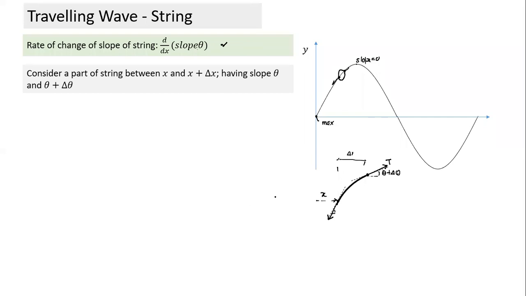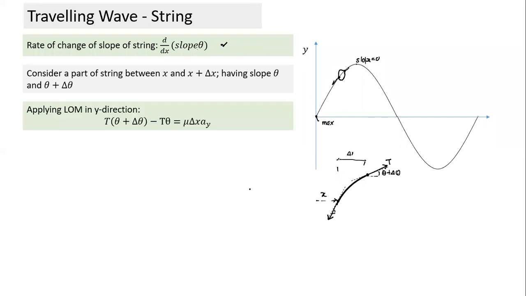Let's write these expressions now. Applying laws of motion, what is the force acting in the y direction? Here all angles are small, since displacement is small. It is all exaggerated. You can think of the motion of a wave on a string as similar to the vibration of a guitar string. The guitar string also vibrates, but the amplitude of vibration is extremely small, hence the slopes are also small.